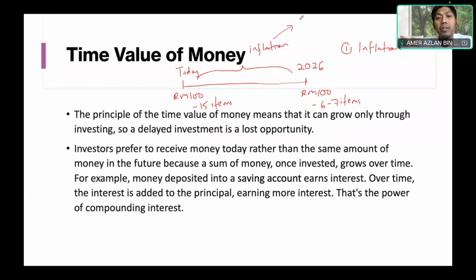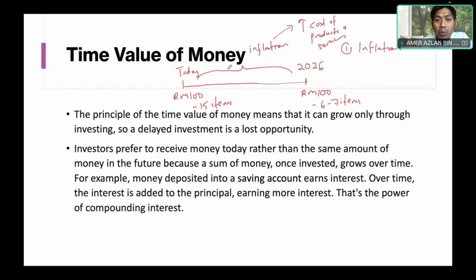Because of inflation, it will increase the cost of products and services, right? So slowly, the price of goods and services will increase. When that happens, it will slowly reduce our purchasing power as a consumer, right?